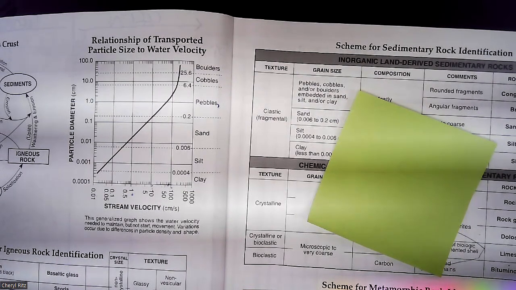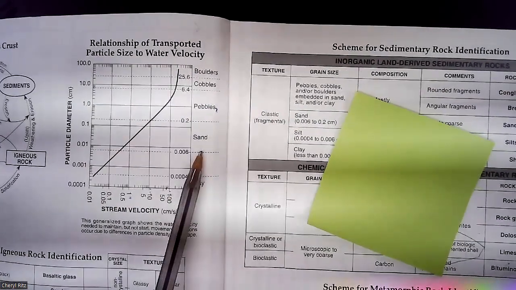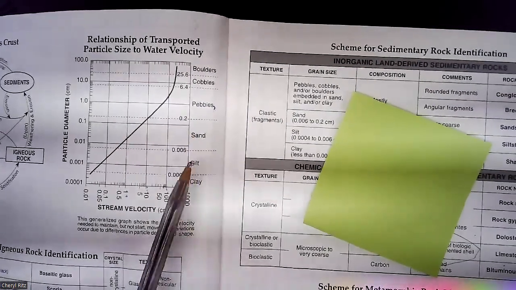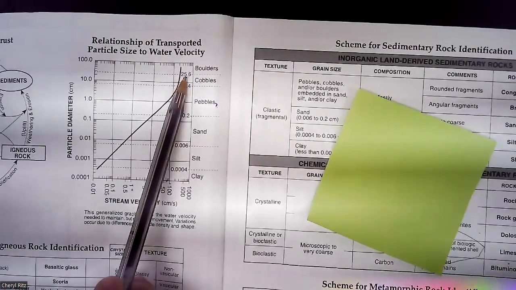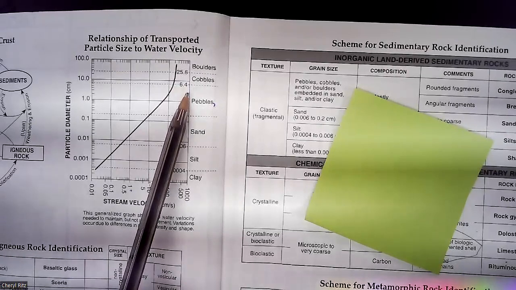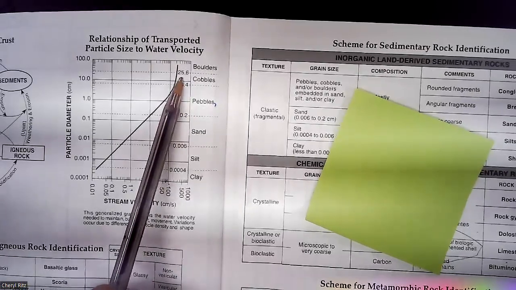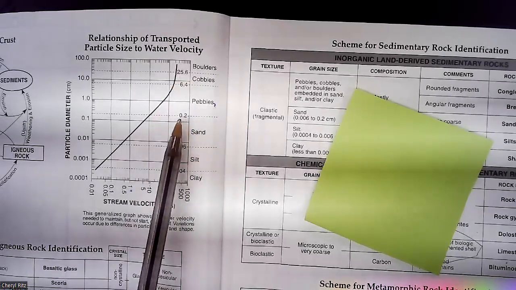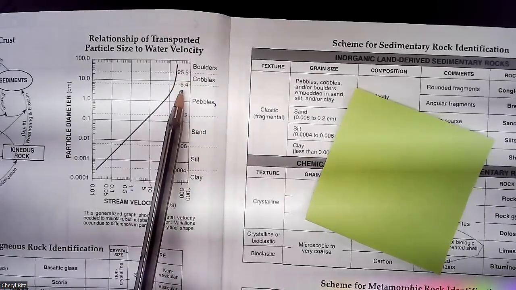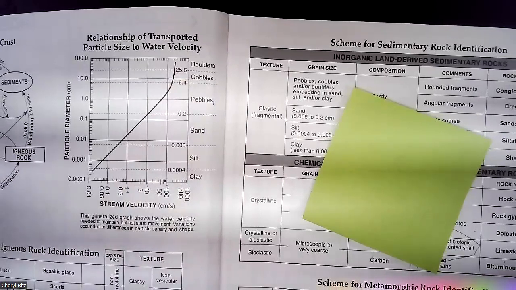How big is a cobble? That was easy enough to use because it had these dotted lines. So a boulder is anything bigger than 25.6 centimeters. A cobble between 6.4 and 25.6 centimeters. Same with pebbles, they're between 0.2 and 6.4 centimeters. We've done that before. That should not be new.